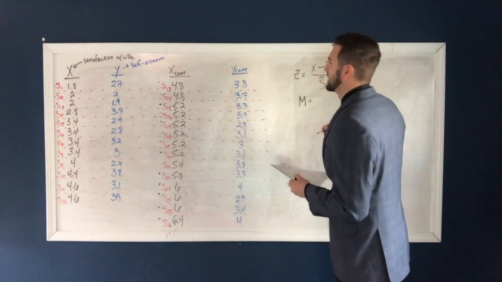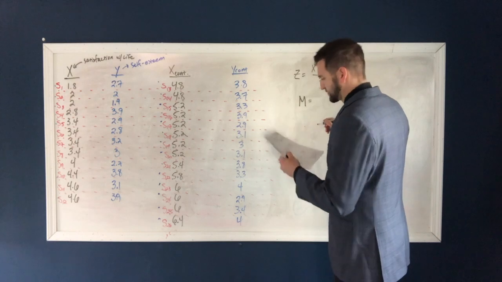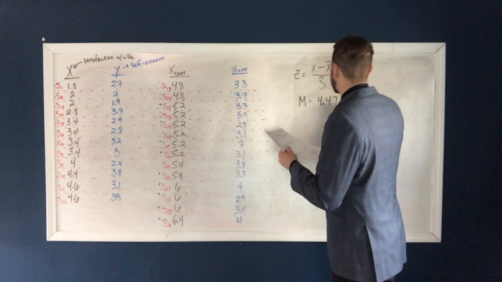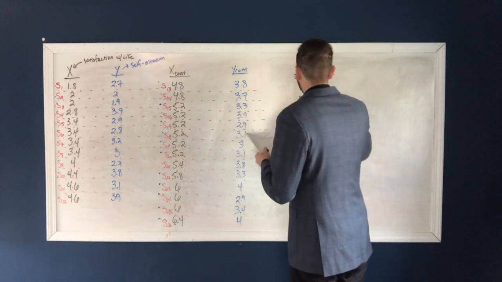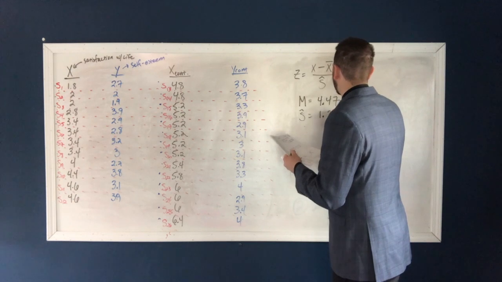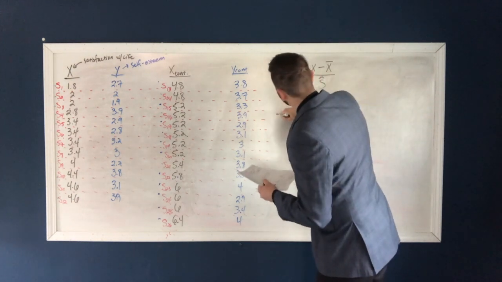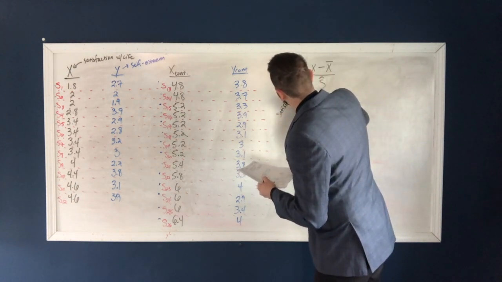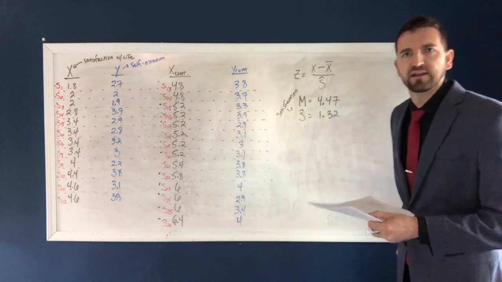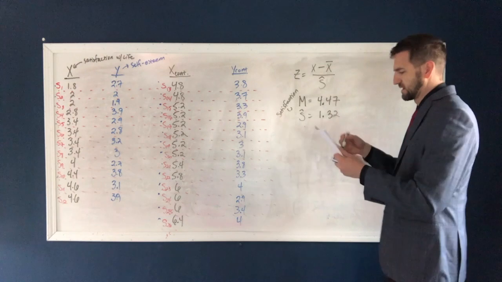Okay, so the mean for the satisfaction with life distribution is going to be 4.47, and the standard deviation is going to be 1.32. And again, I'm color coding it, right? Satisfaction with life is black.